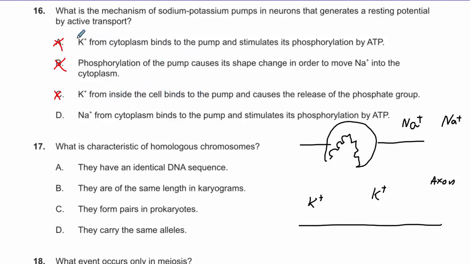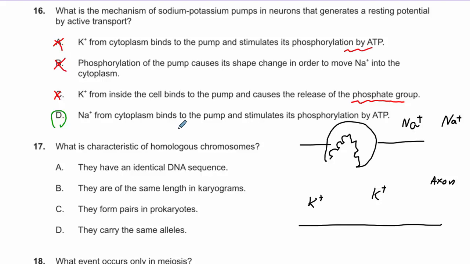So they just repeated the wrong A in another way. The only different thing is when it's phosphorylated by ATP to transfer energy, or when the phosphate group releases. So D is the correct answer here.